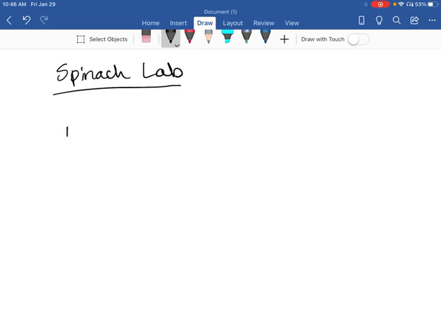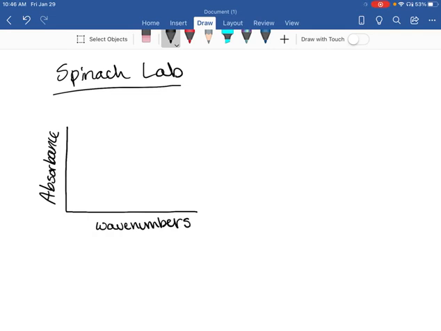So typically you'll see some sort of spectrum, actually for our lab it's absorbance. So you'll have absorbance on the y-axis and then wave numbers on the x-axis. And wave numbers are in inverse centimeters.